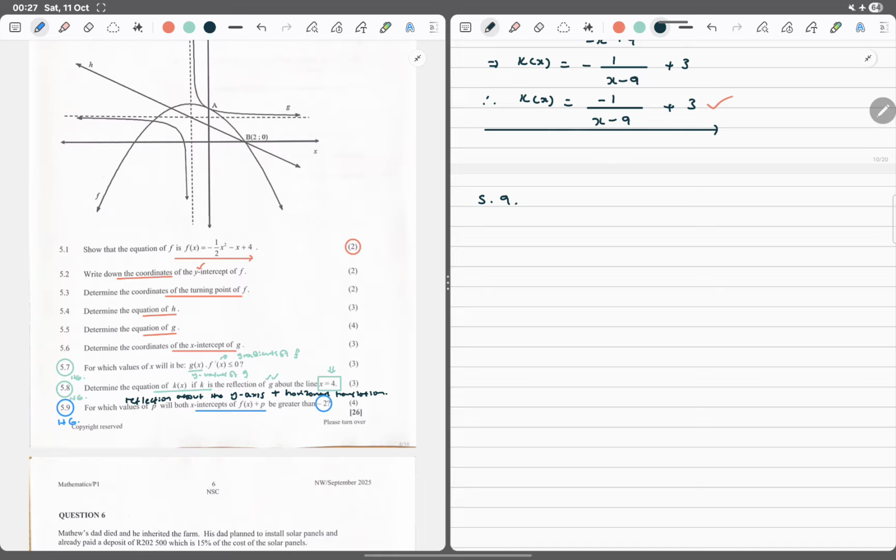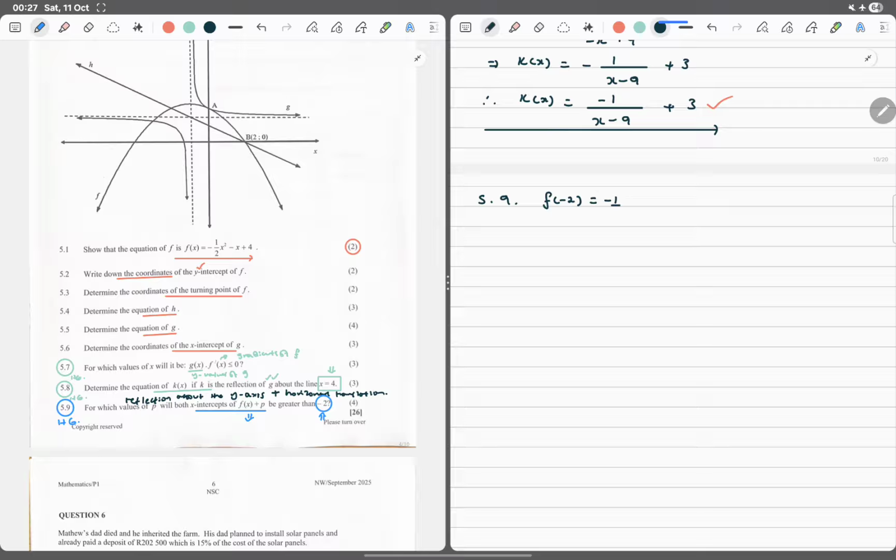Well, what we can do is we can look, this is the graph of f shifted vertically. Now we want to know what would be the value of f when x is minus 2. So let's see, what is the value of f of minus 2? Because this can give us a guide.